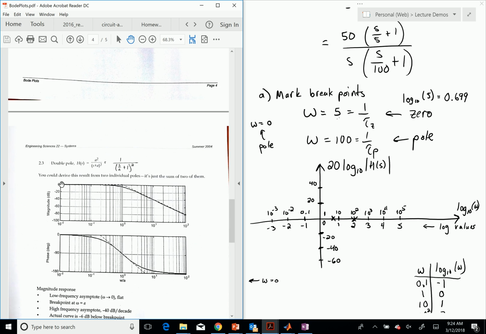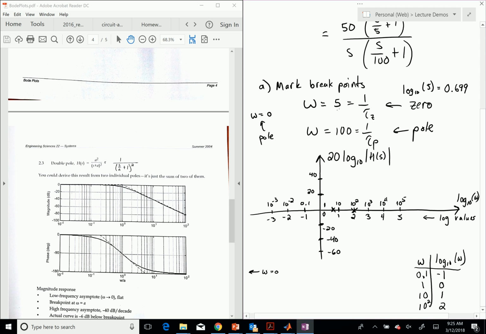If I have a pole, I have a magnitude of 0 dB, and then I begin to fall 20 dB per decade after that pole. So if I have a pole at omega equal to 0, what I know is that I have been falling forever since omega equal to 0. What I end up plotting for that is basically just a line that's falling, and it goes through the origin there on this graph.